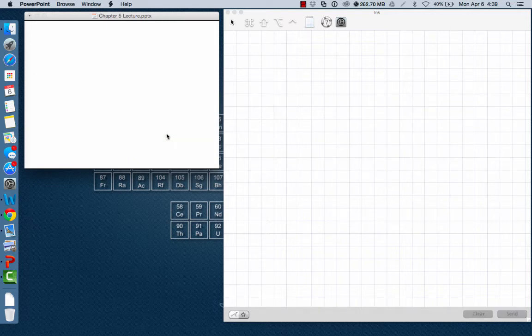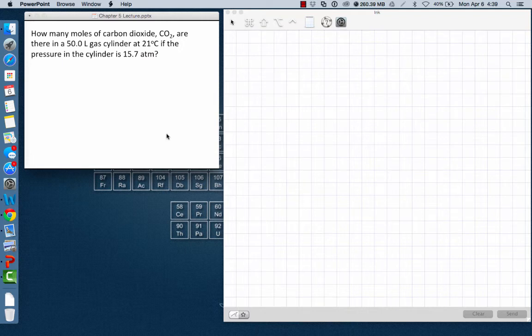Okay, so let's see how a problem works. How many moles of carbon dioxide, CO2, are there in a 50-liter gas cylinder at 21 degrees C if the pressure in the cylinder is 15.7 atms? So we have CO2. We have 50.0 liters. This is V, obviously.